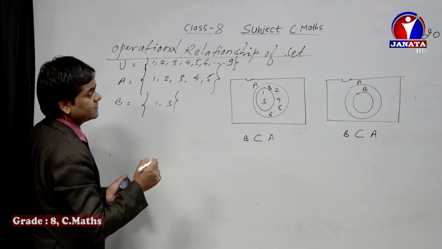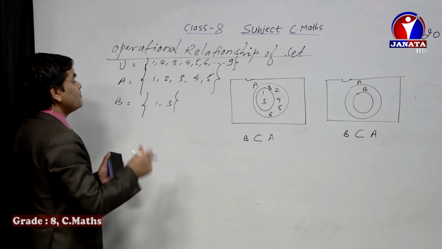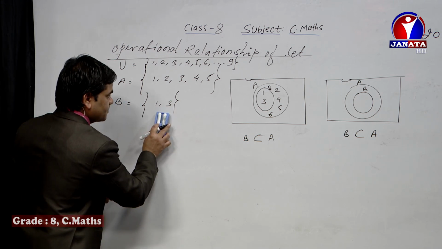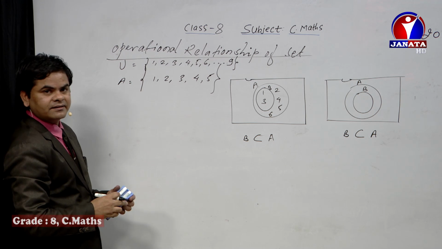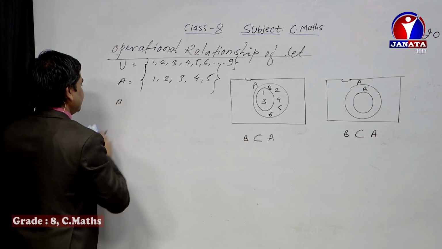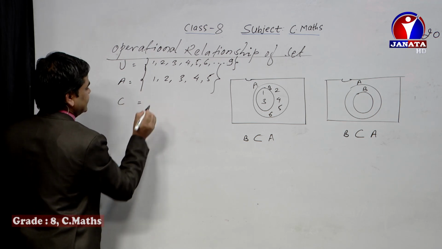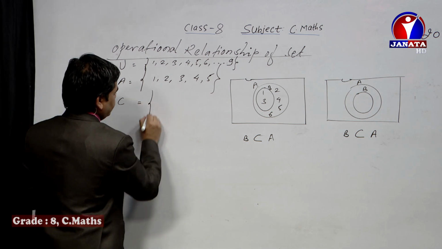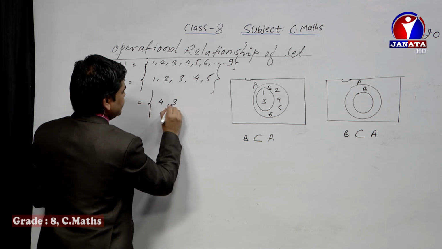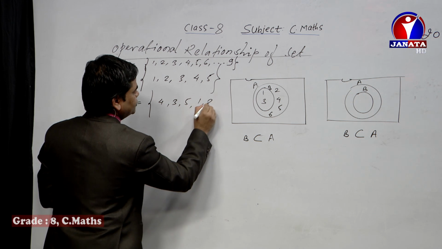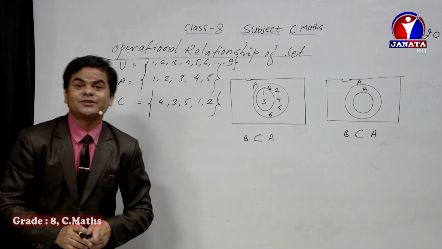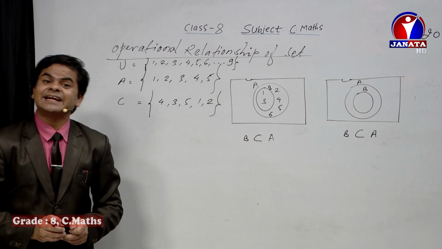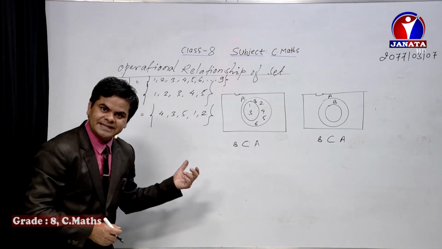Now let's see what happens in case of improper subset. This is a proper subset, so now we don't need it, so I'm erasing this one. Let's take another set, C: 4, 3, 5, 1, 2. Because in case of improper subset, there must be the same elements contained in the set.